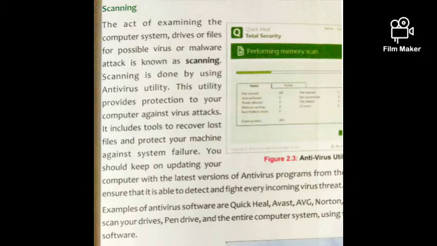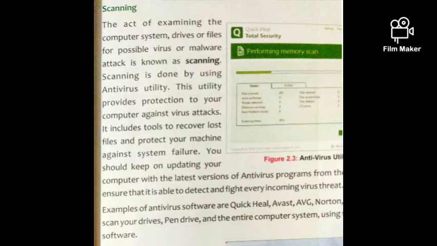To do that, we need software that is called scanning software. And if there is any attack, then we have to remove all those viruses. To remove those viruses, we use software which is known as antivirus. Examples of antivirus are Quick Heal, Avast, AVG, Norton, etc.